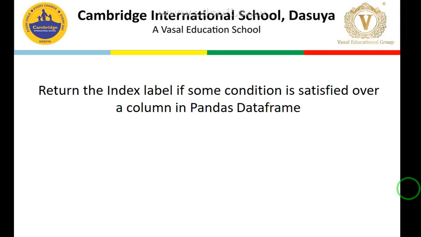Till date, whatever index we were using, like 0, 1, 2, 3 or A, B, C, D, in real life we also have to label an index. And the next question is that we will use it practically also, if we have a certain condition.